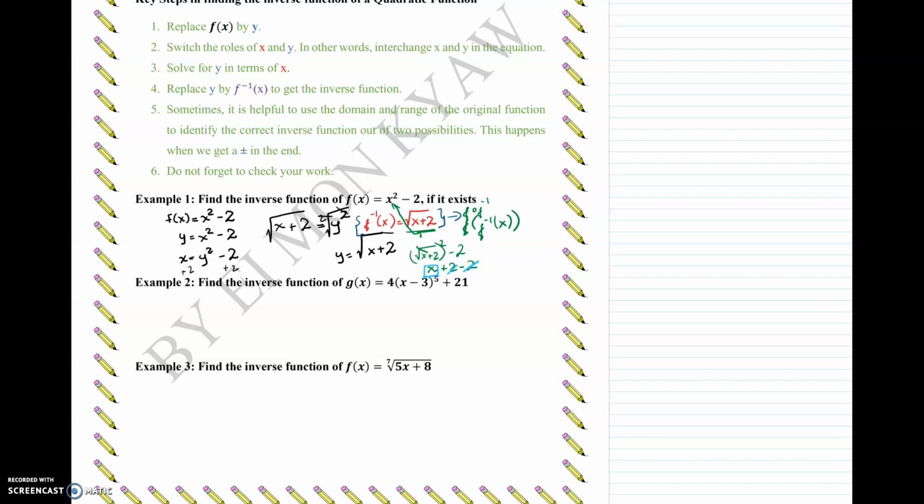So now let's take a look at the second problem. It says find the inverse function of g of x is equal to 4 times parentheses x minus 3 with the fifth root, plus 21. So let's try this and let's follow the steps. These are actually 6 simple steps that we can do.